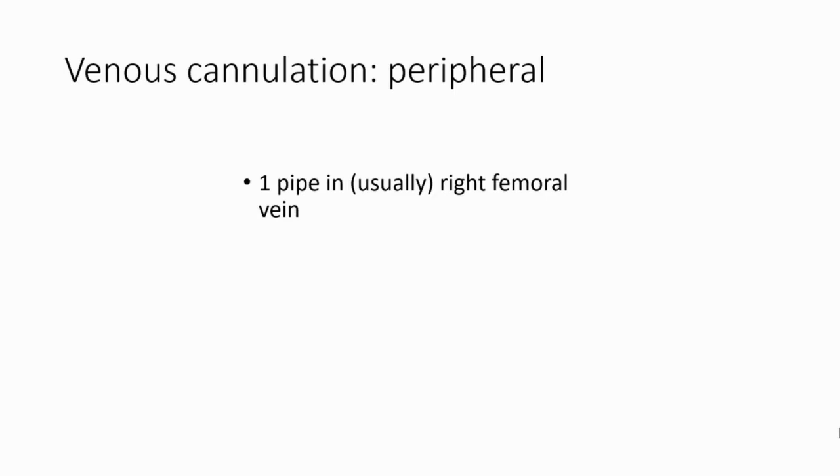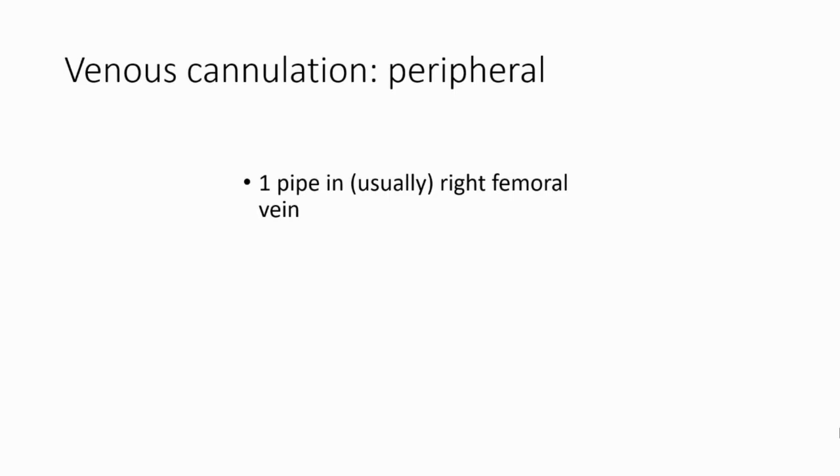The reasons you would use a peripheral venous cannula are, firstly, it's often used in minimally invasive surgery where we're making very small holes in the chest. We then have to, in many cases, use femoral cannulation. Just a word of caution, it's not always the case that you have to use peripheral cannulation when doing minimally invasive cardiac surgery.